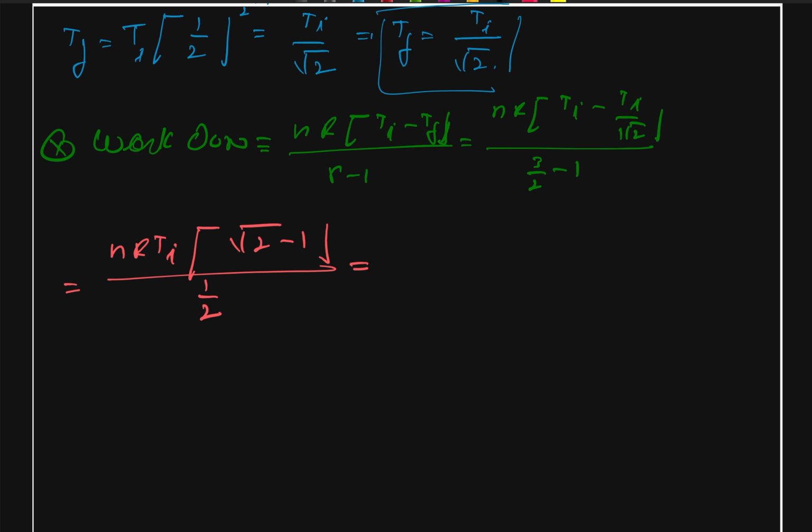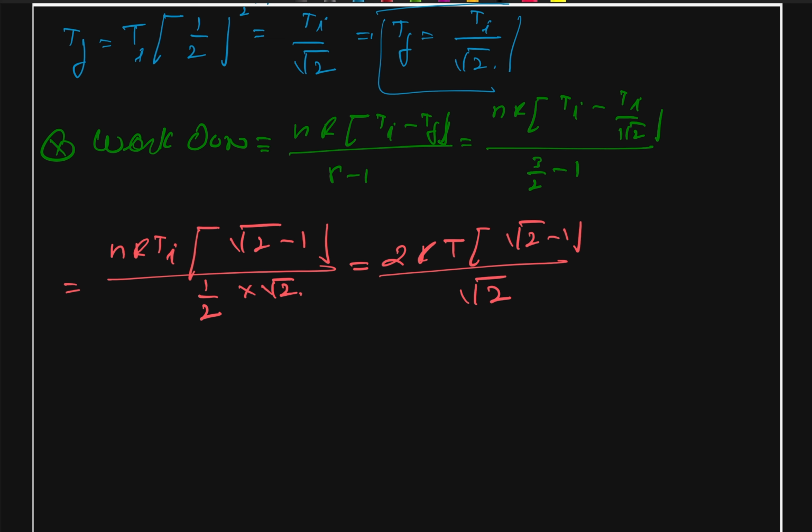And this can be written as 2, we simply multiply. One second. Okay, I missed a square root of 2. So we get this as 2RT times (square root of 2 minus 1) over square root of 2.